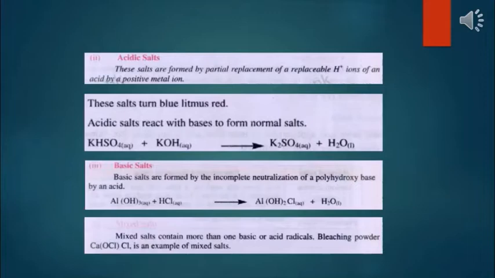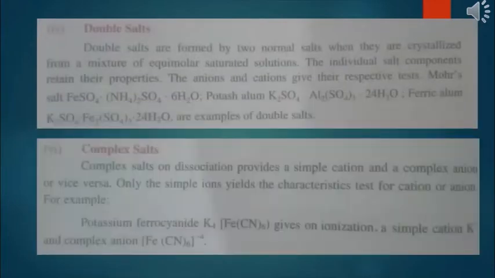Mixed salt. Mixed salts contain more than one basic or acidic radical. Bleaching powder is an example of a mixed salt. Now the double salt. Double salts are formed by two normal salts when they are crystallized from a mixture of equimolar saturated solutions. The individual salt components retain their properties.